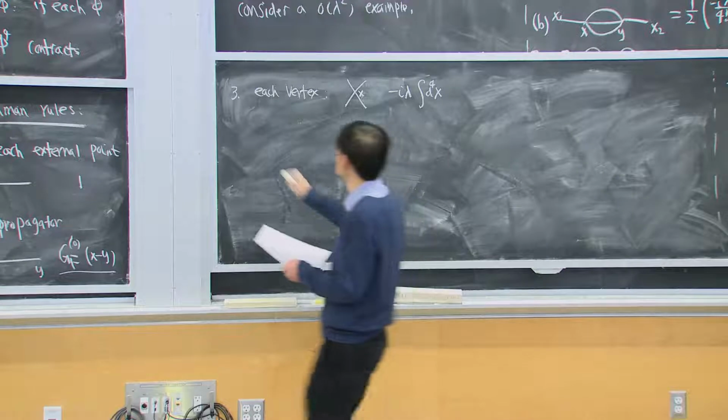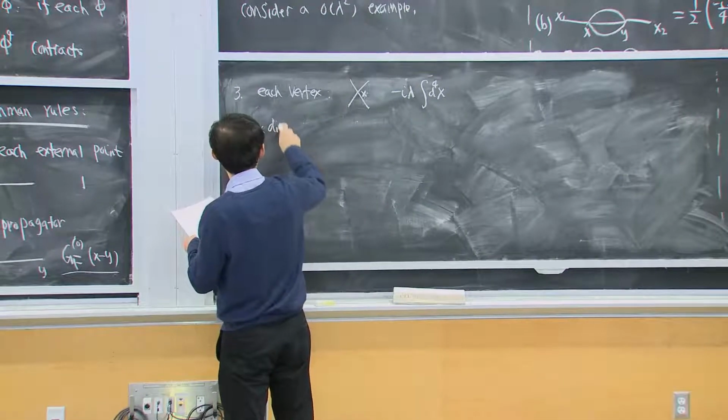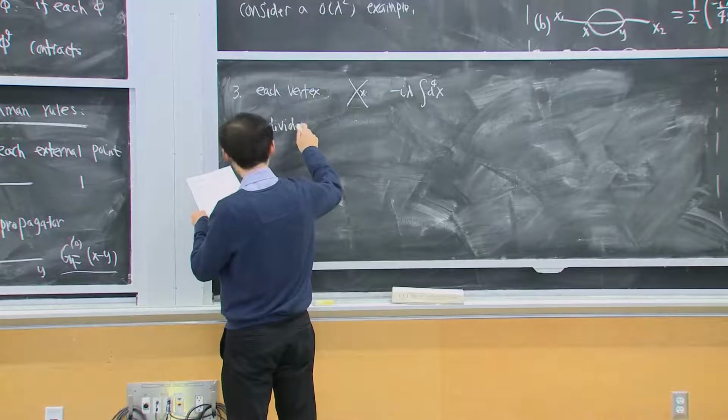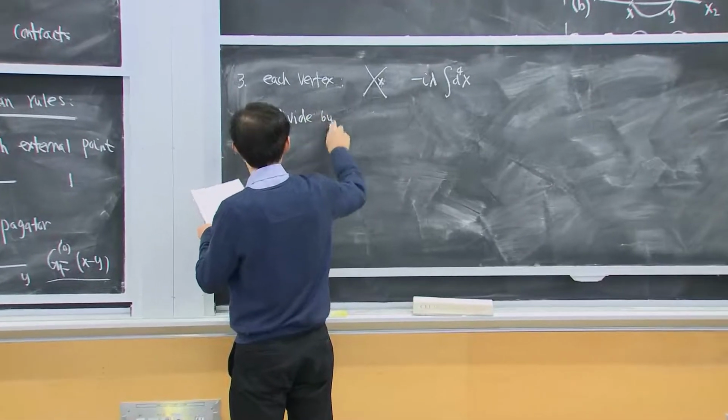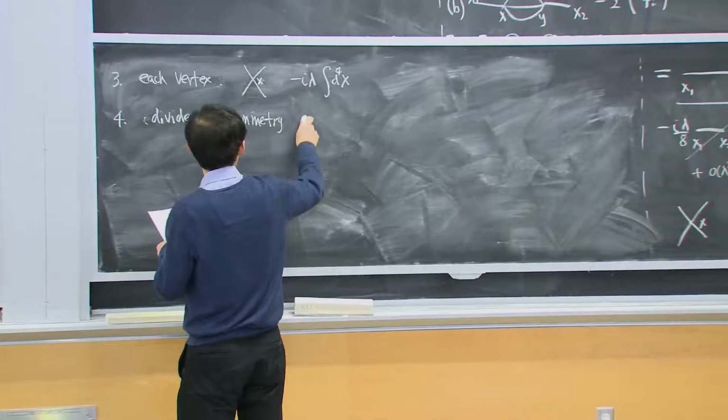And then the last step, you divide by symmetry factors, the symmetry factors for the diagram.